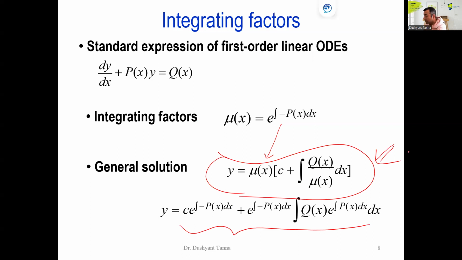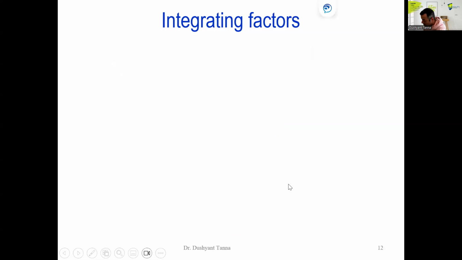So mu x bracket c plus integration q over mu integration dx, right? So we write that bit here. What is our solution? The solution y is mu x c plus integration of qx over mu x dx.